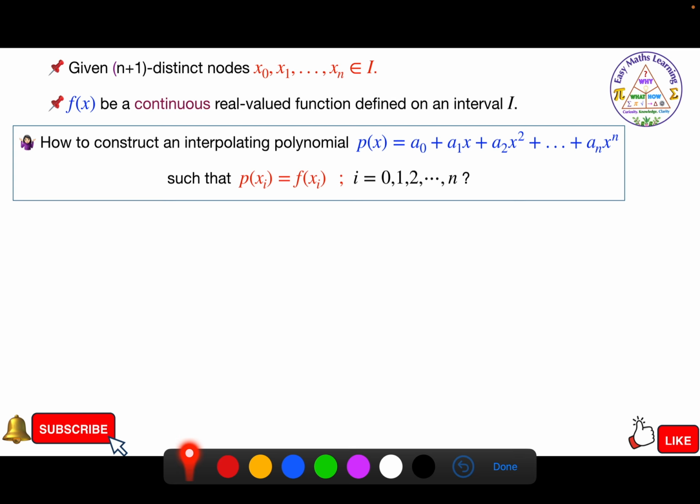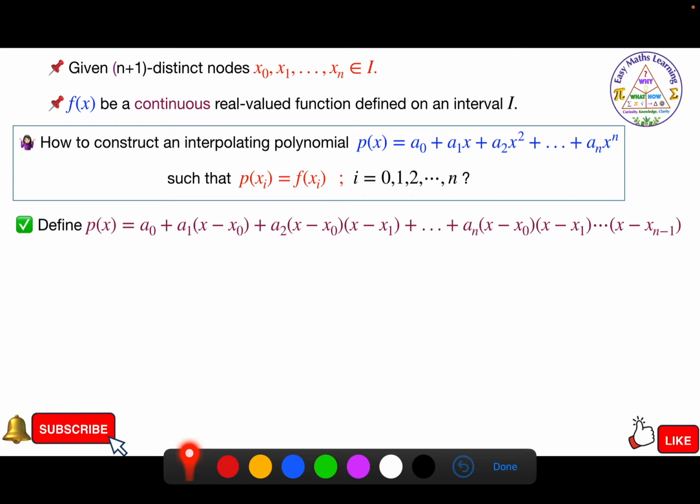The key idea of Newton's form is that instead of writing p of x in powers of x, Newton suggested to write the interpolating polynomial in a product form, this form. In this form, the first term is constant, the second term contains one factor x minus x0, the third term contains a product of two factors x minus x0, x minus x1.